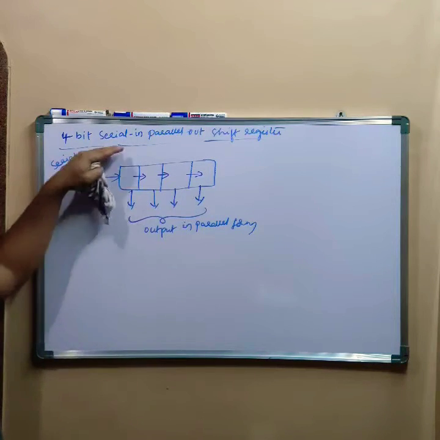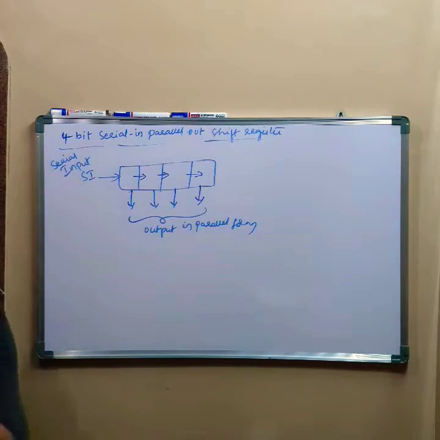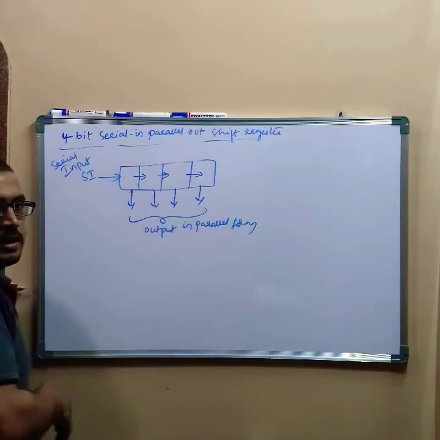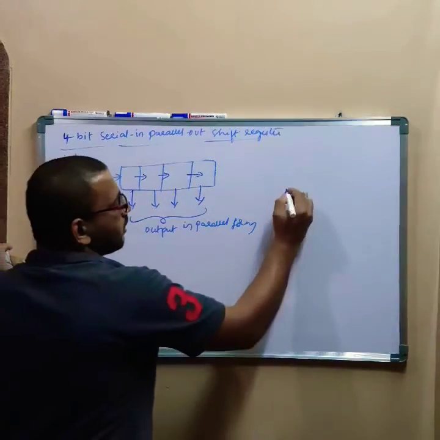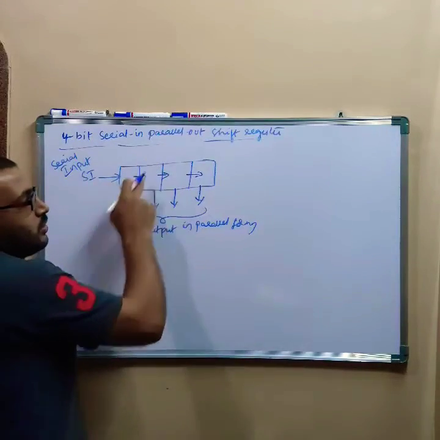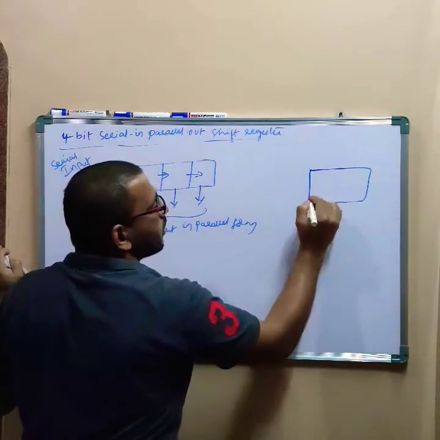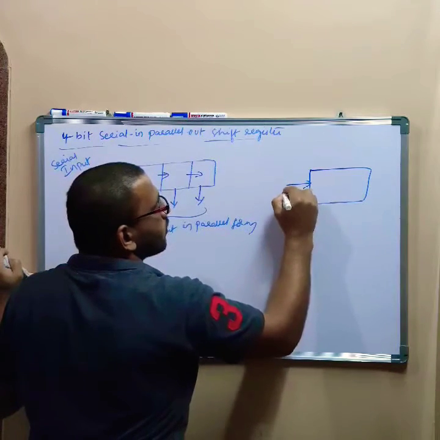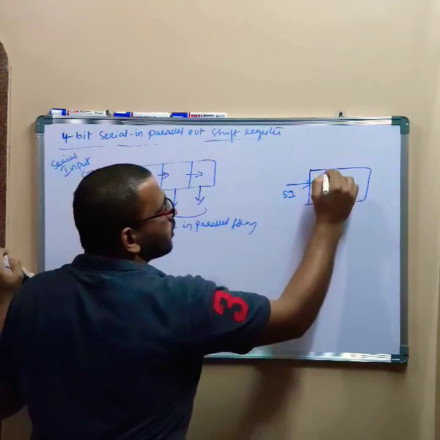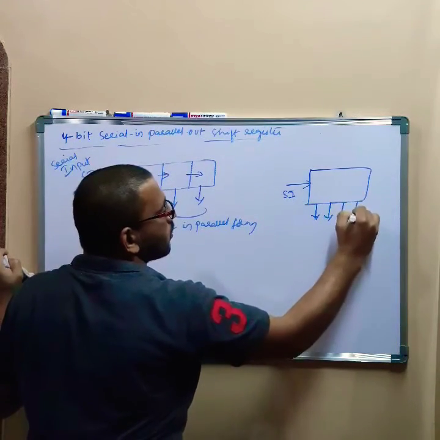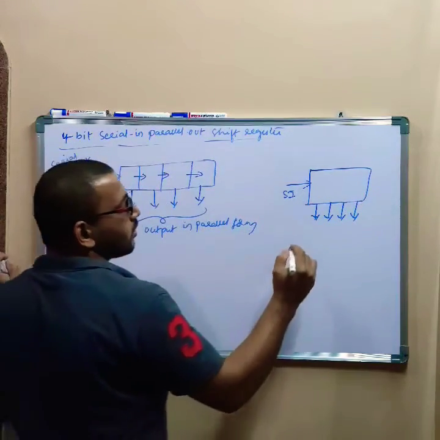This is the symbol of this one. Or data transmission technique. We call this as data transmission technique. Data transmission in this type of register is like this. And if you look at the symbol, serial input, parallel output.